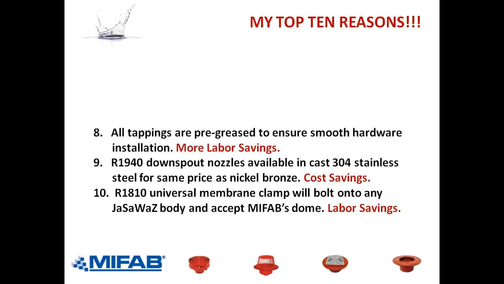As well, on the underside of the A2 or A1 body, there are bosses with offset blind tappings, and those tappings are greased as well. We did this because contractors said, often with the other guys, we're up there on the roof, it's super hot, and it's a real struggle to get those bolts in. So grease them up for us. Make it easy for us to get those bolts into the threads.